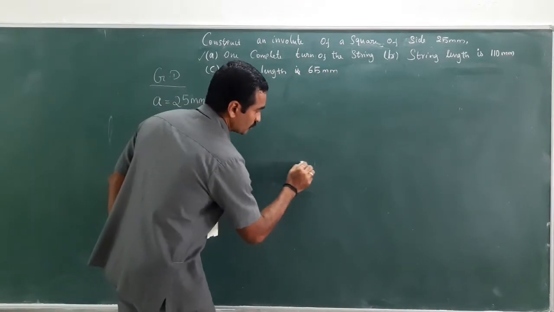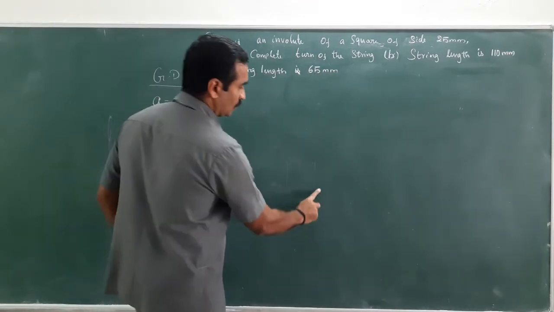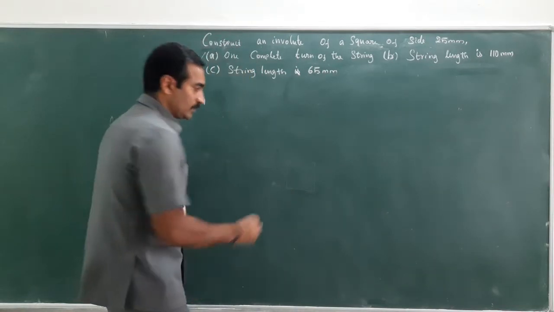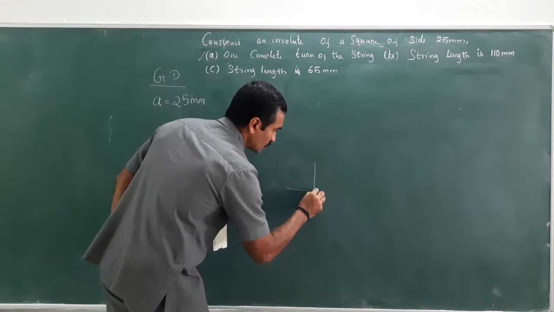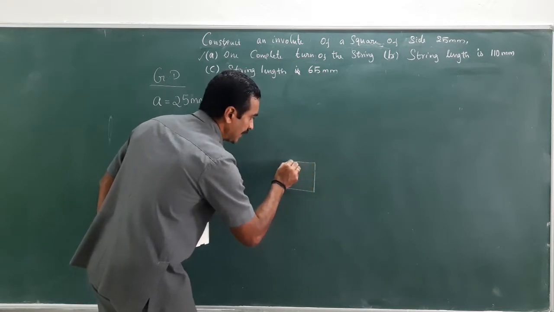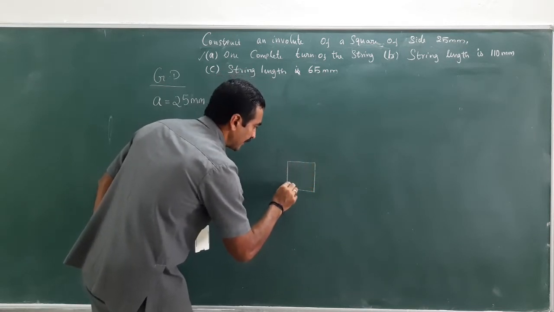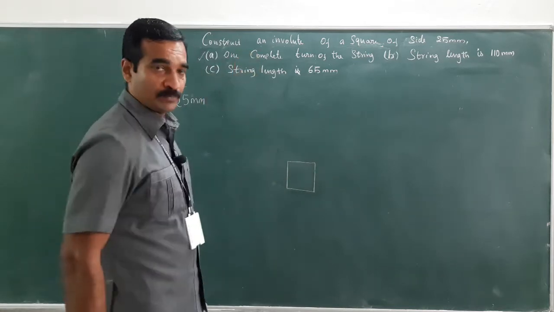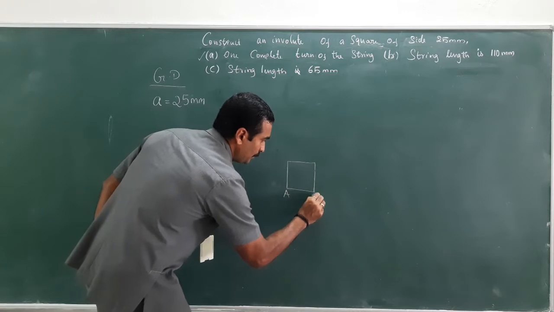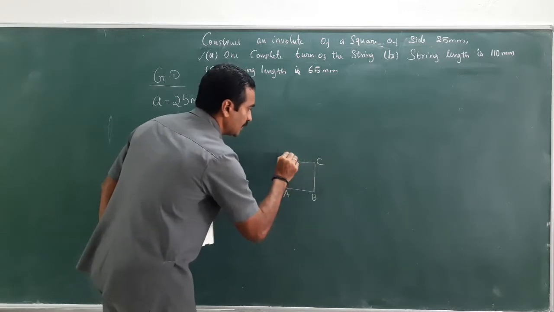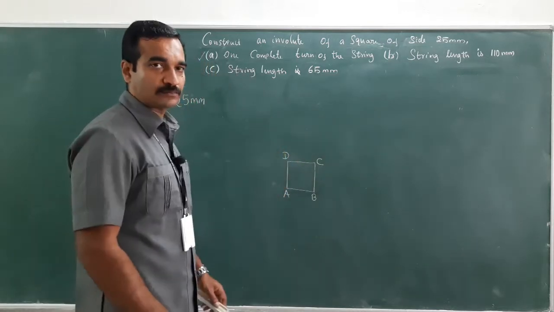Now close the box. This is a square, so all four sides have the same dimension of 25 mm. Let me name it A, B, C and D.